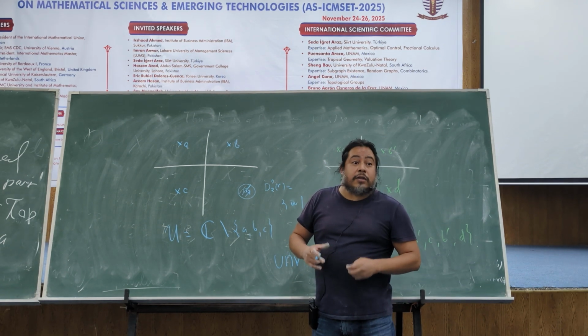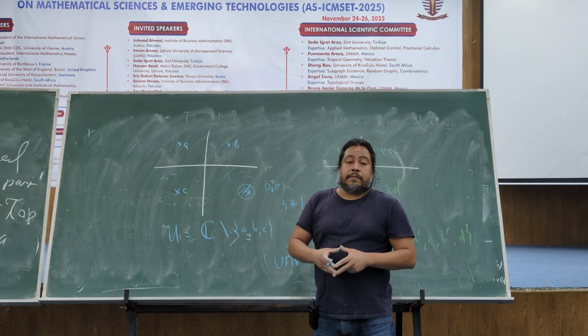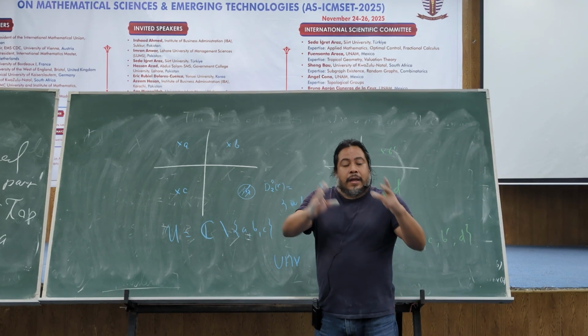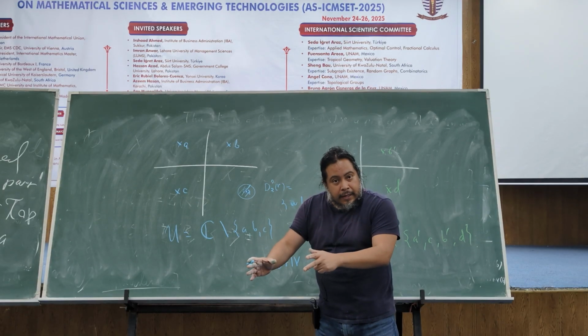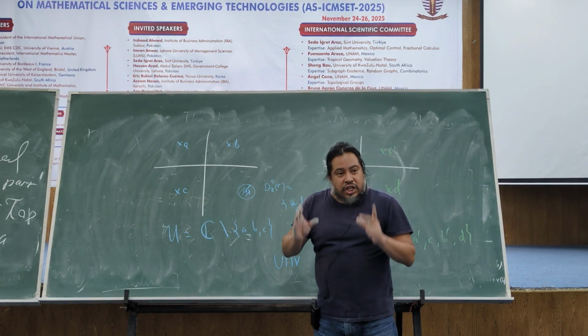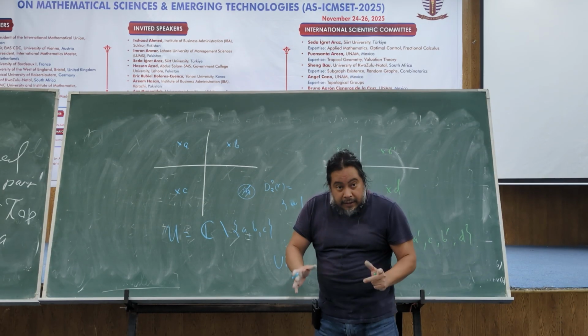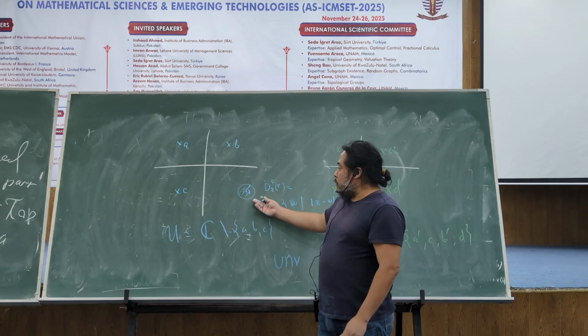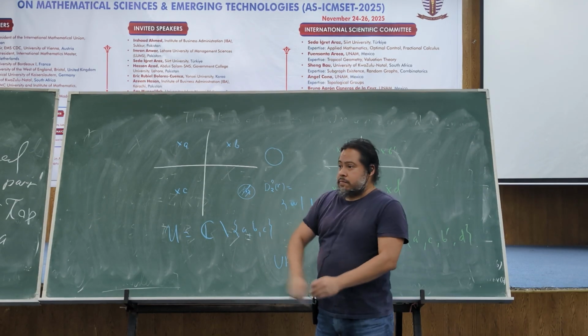But the Zariski topology does not have that property. The Zariski topology, if you have an open set and another open set, I challenge you to find two open sets that have empty intersection. So in the analytic topology, it is very easy, right?